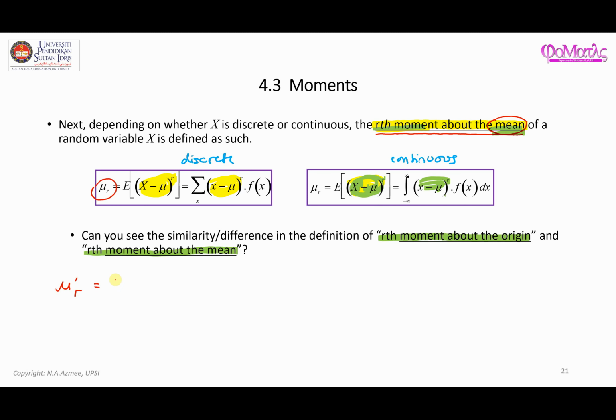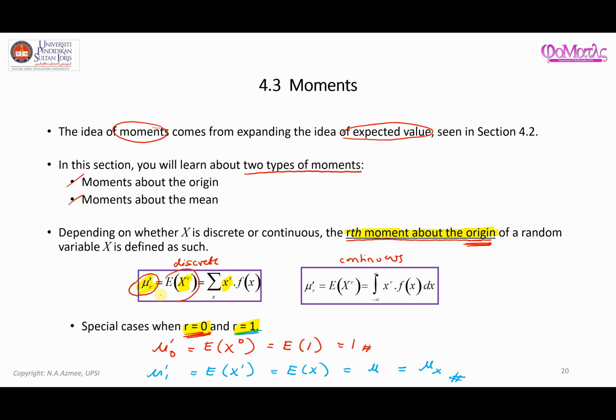Okay, so here we might have E. Actually what we have right here is E of (x minus 0) to the power of r, because the origin is usually depicted by 0. Okay, so anything minus 0 is going to be itself. So x minus 0 is simplified as x, so x to the power of r. So that's what's going on right here. That's why we have E of x to the power of r.